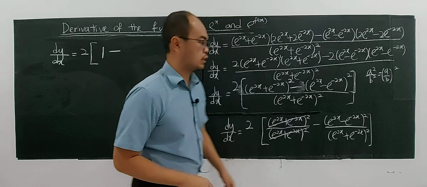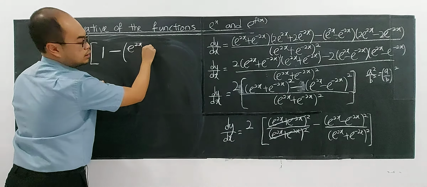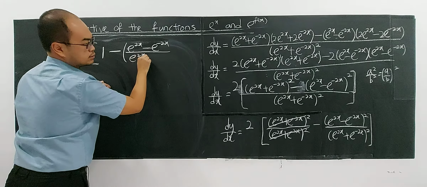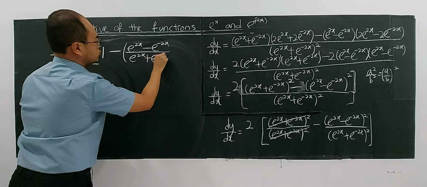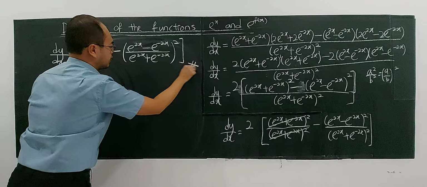I can rewrite this whole thing as 2 times 1 minus e to the power 2x minus e to the power negative 2x divided by e to the 2x plus e to the power negative 2x, everything to the power of 2. And I conclude this one as my answer.